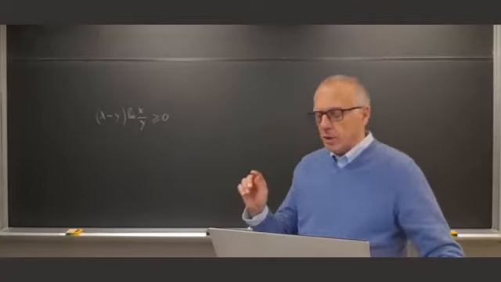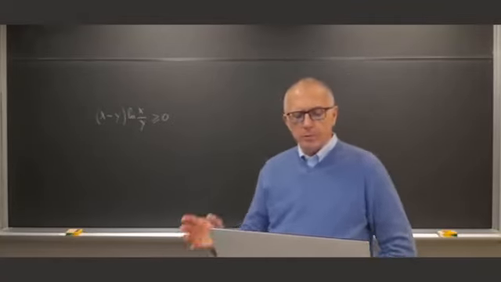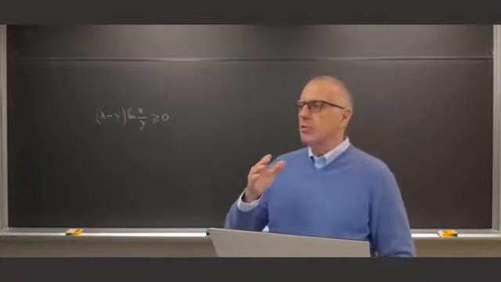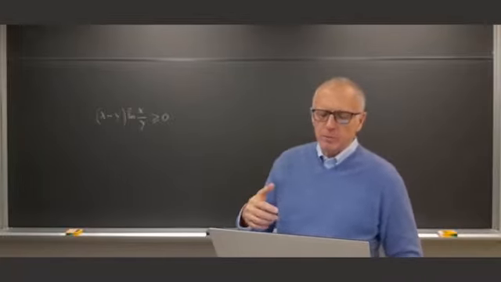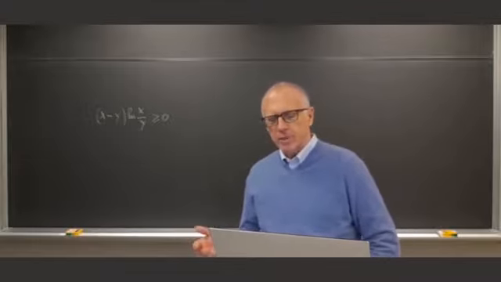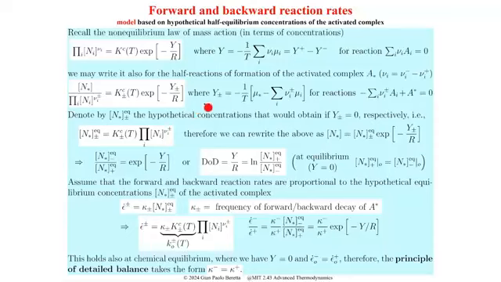Now, here's the trick. We are going to assume equilibrium, partial equilibrium, only either for the forward or for the backward reaction. So we say, all right, suppose the backward reaction is at equilibrium. We set its affinity equal to 0. And from this law of mass action, this becomes 1.